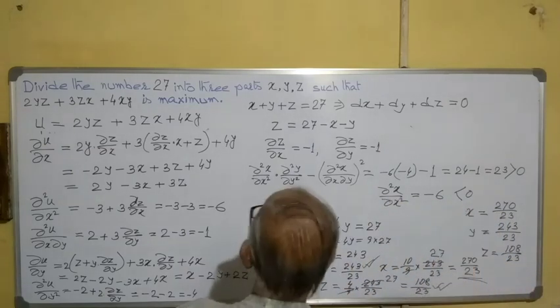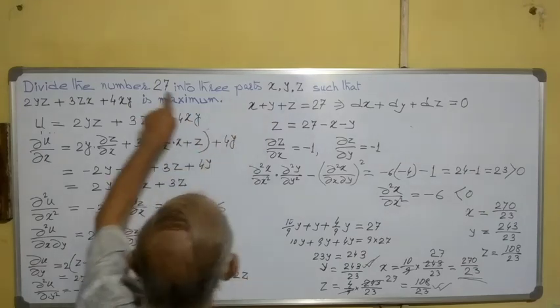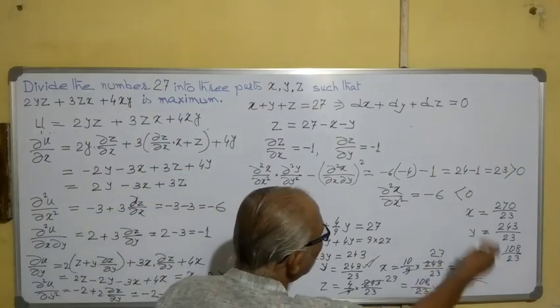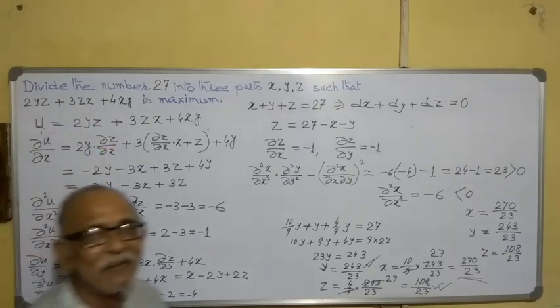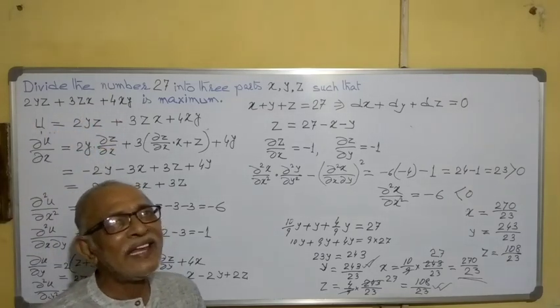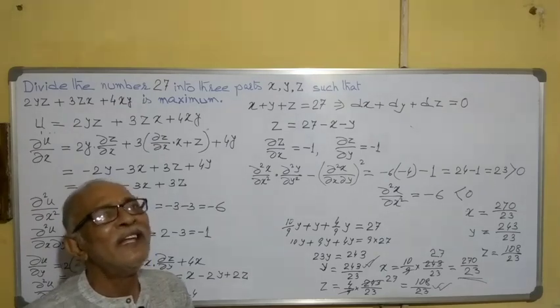So we can divide 27 into x, y, z in these three values such that this one will be maximum. I hope I was able to make it clear. Thank you.